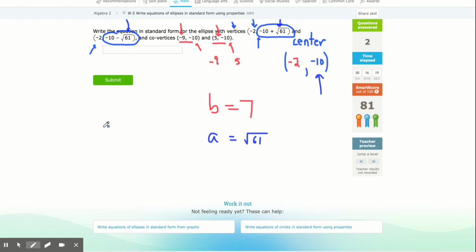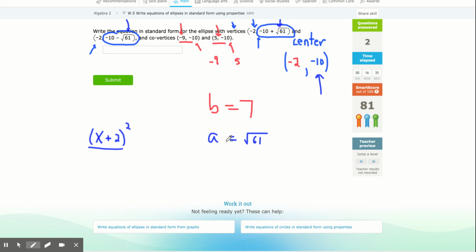Now that's going to make it nice and easy. I'm going to go x minus, what's my horizontal shift? Negative 2. Since it's minus a negative 2, it's going to be x plus 2 squared all over.